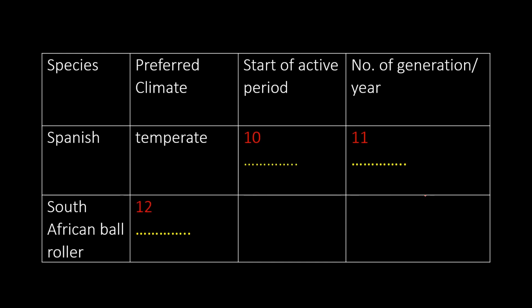Okay, so let me just zoom in a little bit and help you with what I mean by that. So look here, preferred climate. What is it? Temperate. Now this is an example which can be a hint for you for the next answer. Same way, if they have mentioned it for Spanish, I can find it for South African ball roller as well.